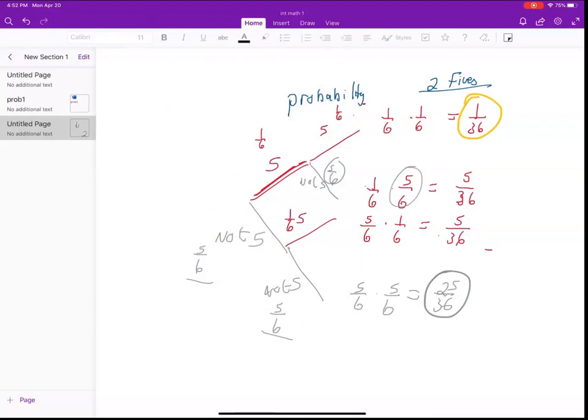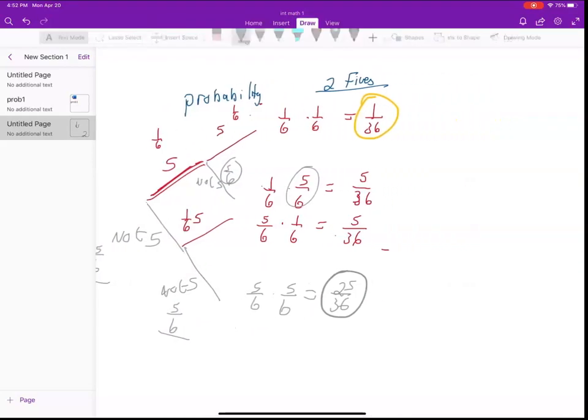So let me move this over a little bit. What does this represent? Right here. Well, that means I got a 5 and not a 5, right? And a not a 5 and a 5. So this would be the probability of getting at least 1 5.